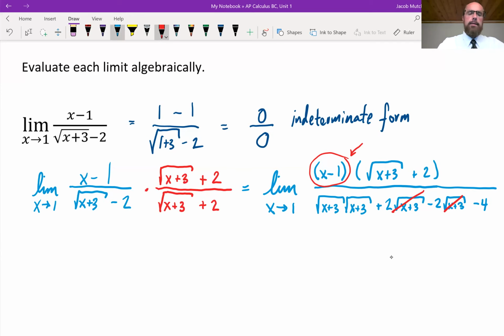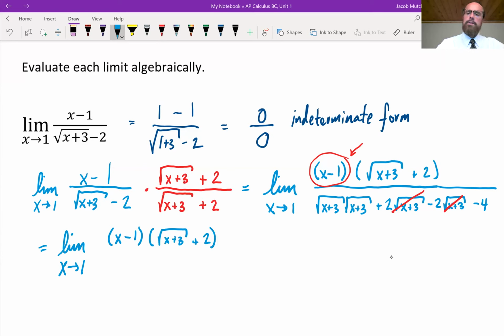And our next step is going to be equal to the limit as x approaches 1 of this piece we got our eye on to kind of take out, x minus 1 times the square root of x plus 3 plus 2.